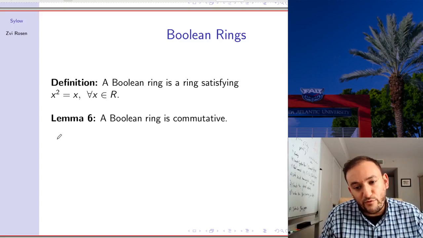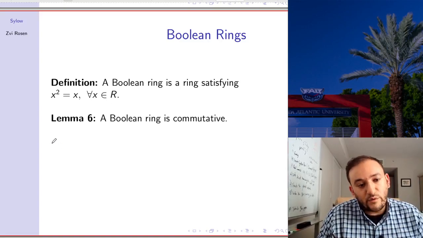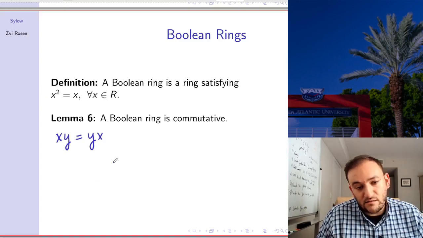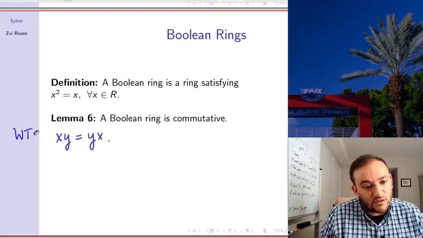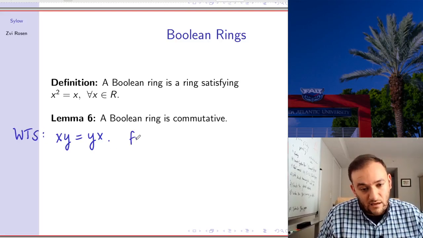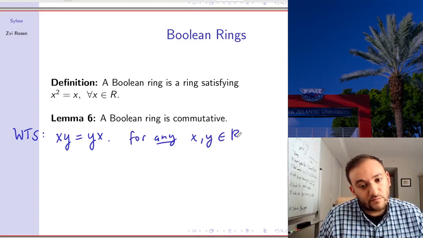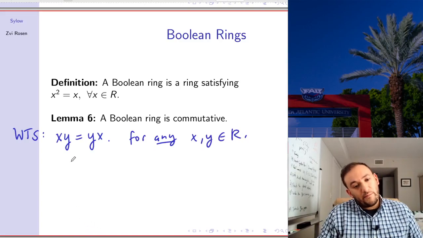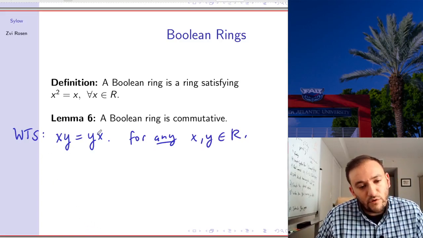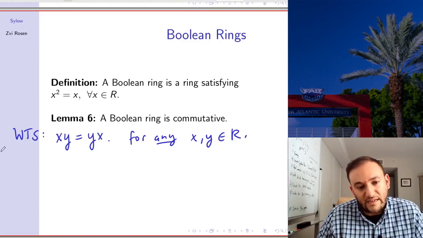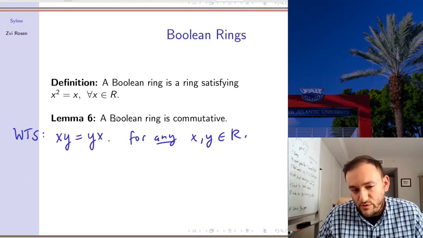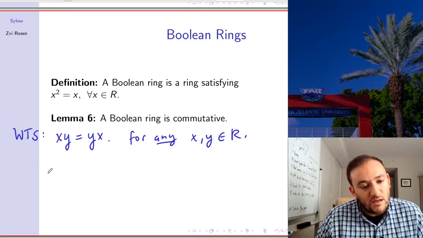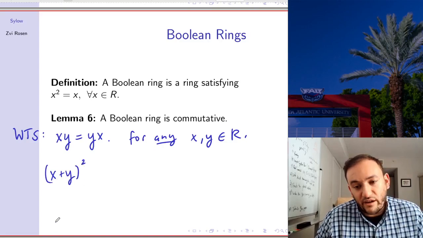In order to show that a ring is commutative, we want to show that xy equals yx for any x, y in R. This is obviously not true in general, so we have to use the Boolean property. Let's start by adding x and y together and then squaring it and see what happens.